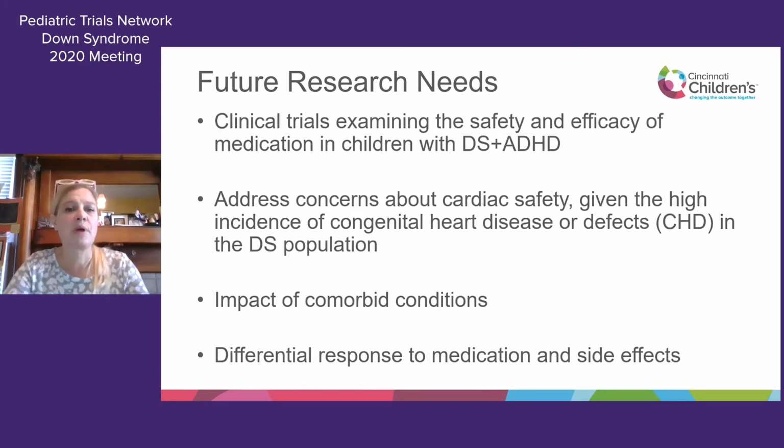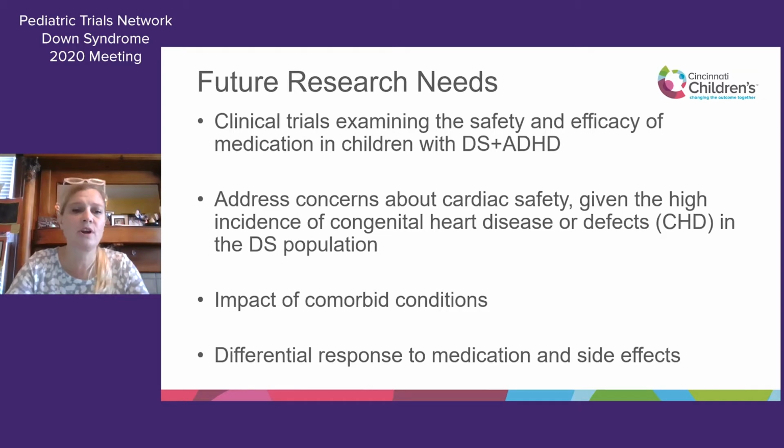Really considering the impact of those comorbid conditions, whether or not they're controlled for in randomization, whether or not they're screened for, and the diagnostic criteria for the inclusion criteria for those clinical trials. We really need to make sure that we're understanding how the comorbid conditions might be impacting our clinical trials.